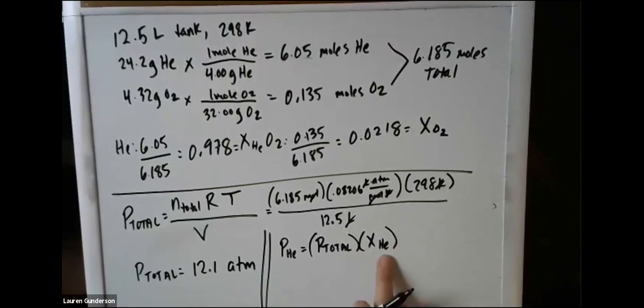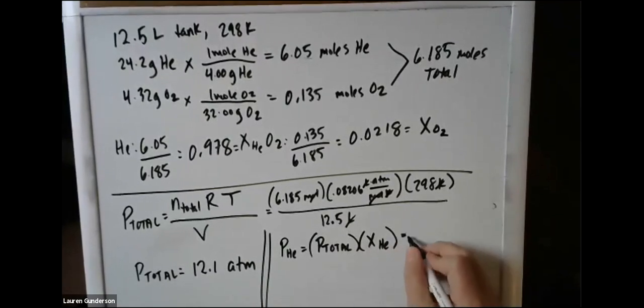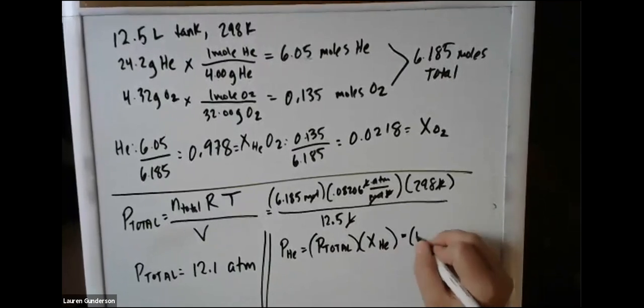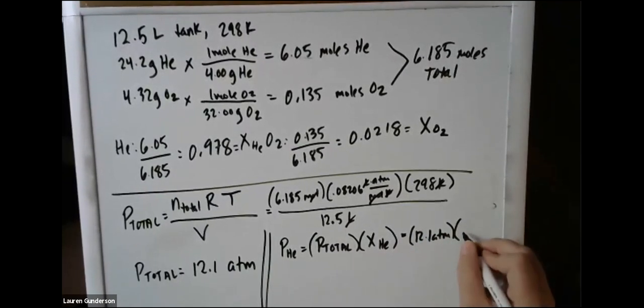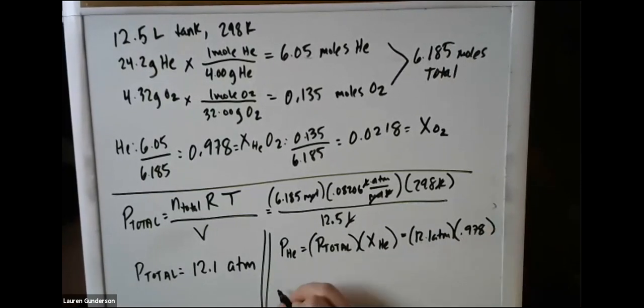And I already have these two values, so that will be a very easy thing to do. 12.1 atmospheres times a mole fraction of 0.978. So my pressure for helium is going to be 11.8.